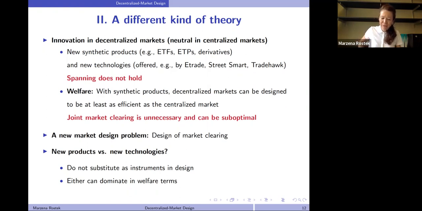I would like to point to other implications of the fact that spanning goes out of the window. Let's suppose that synthetic products are not available or not feasible. Pension funds, for example, are not allowed to trade certain types of derivatives. We can still design markets with multiple exchanges which clear independently to make sure that they are more efficient than the centralized market, by letting providers innovate on trading technologies.